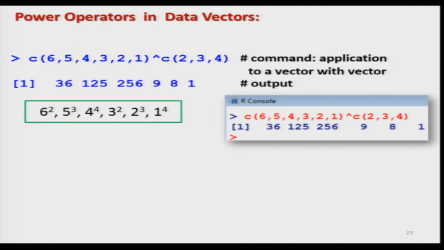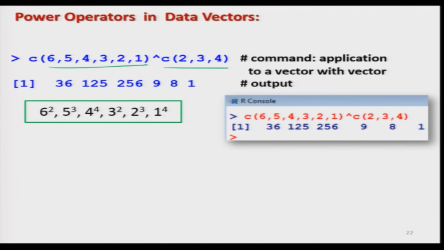Now, similarly, let me take one more example where the total number of elements in the two data vectors is an exact multiple. In the first data vector I have 6 numbers: 6, 5, 4, 3, 2, 1, and in the second data vector I have 3 values: 2, 3, 4. So, the total number of values in the first vector is just double the total number of values in the second data vector.